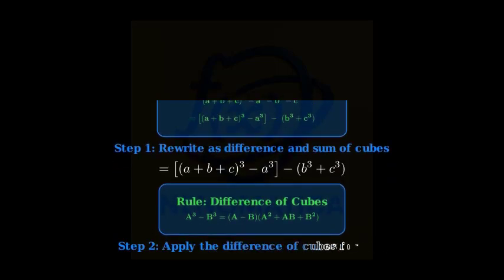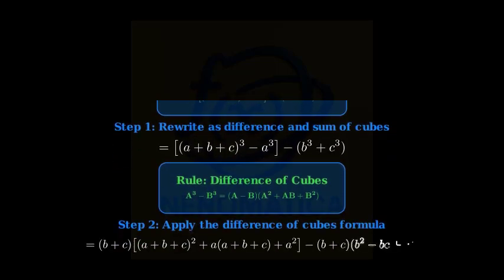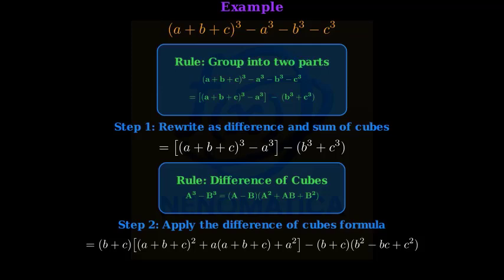Applying this formula gives us (b plus c) times [(a plus b plus c) squared plus a times (a plus b plus c) plus a squared], minus (b plus c) times (b squared minus bc plus c squared). Notice that we factored out b plus c from both the first and second terms.